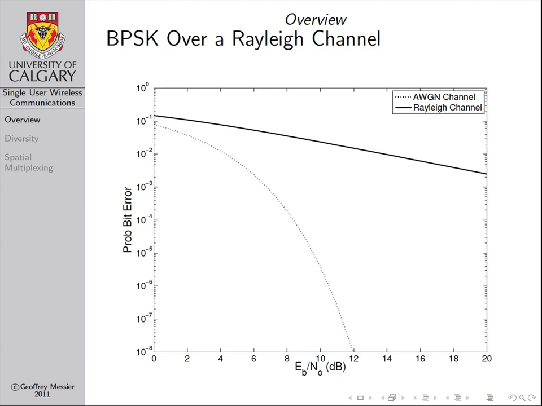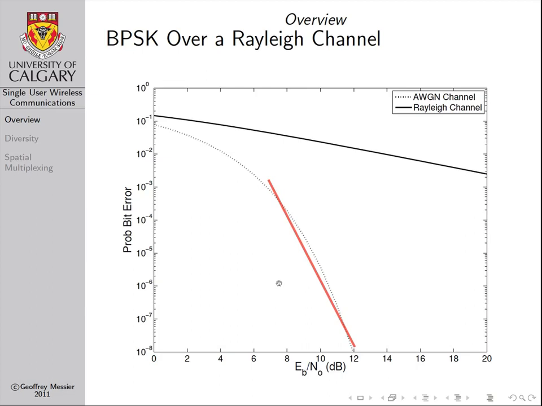The second very important thing to observe on this plot is the shape of the curves. So we can see that in the additive white Gaussian noise channel, as you increase signal to noise ratio, you get the familiar waterfall curve shape, and you get quite a steep plunge in bit error rate as you increase your Eb over N naught.